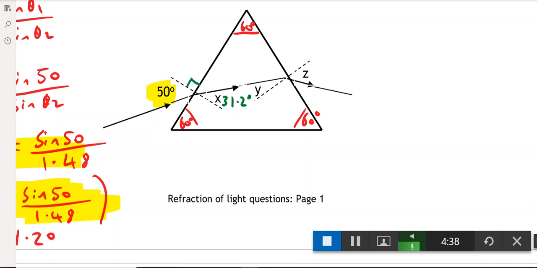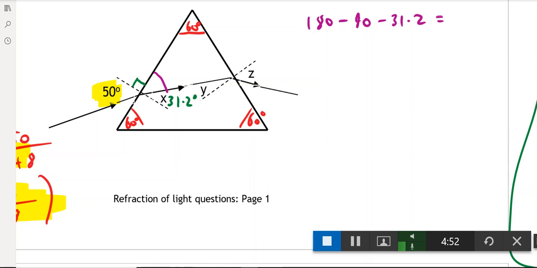So we can find out this angle in here by saying 180, take away 90, take away 31.2, and that gives us our next angle, 58.8 degrees. So this angle in here is 58.8.